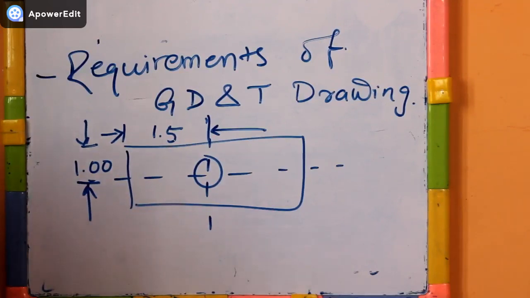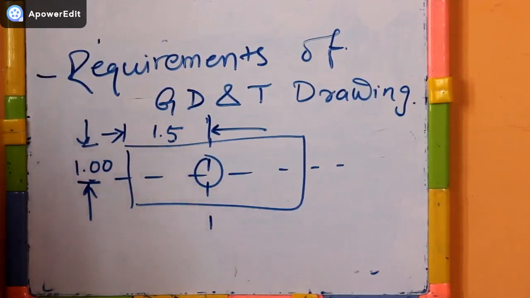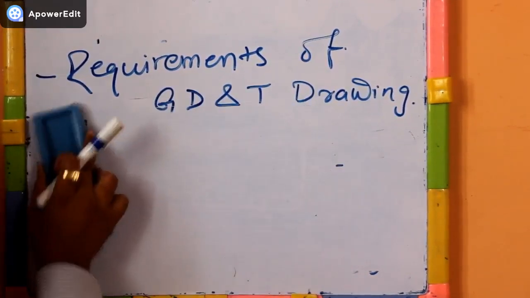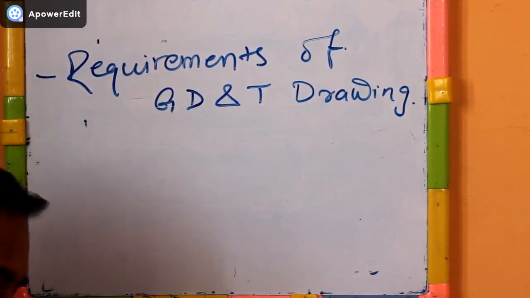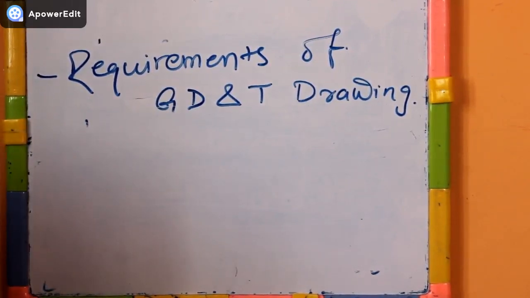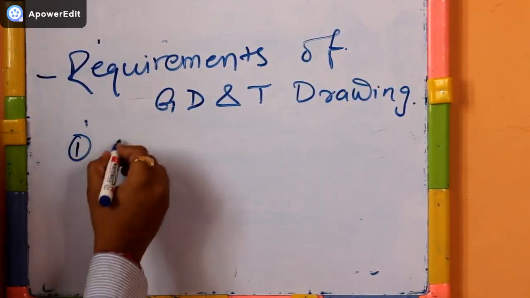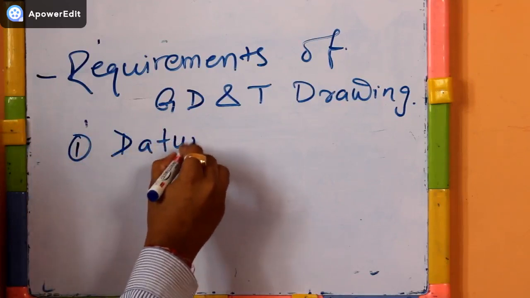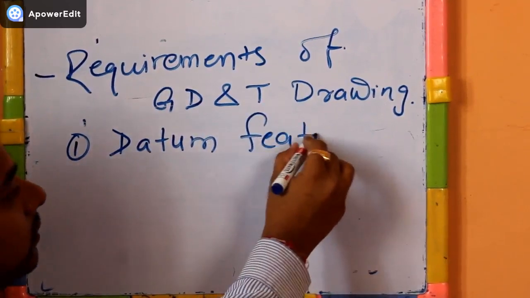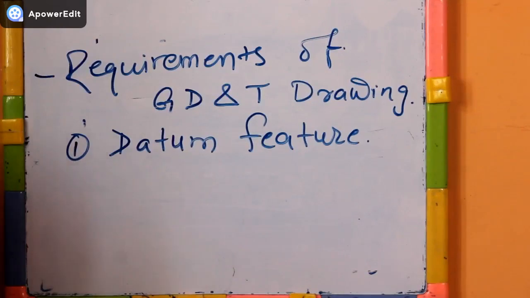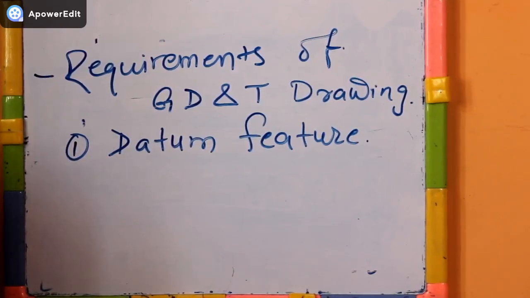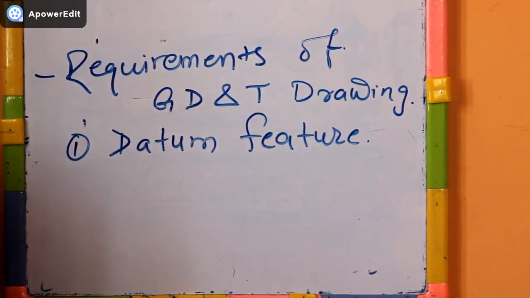So what are the requirements now? What are the requirements of a geometric dimensioning and tolerancing drawing? So first is datum feature. The datum feature is the surface from which the perfect plane can be established and used as the origin of measurement.